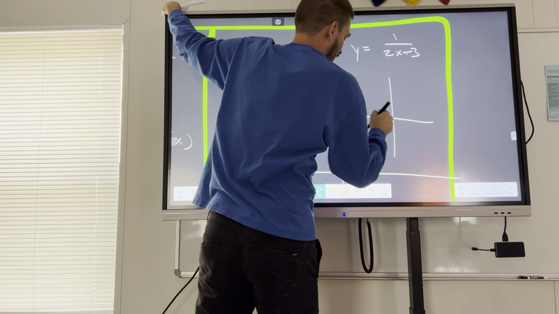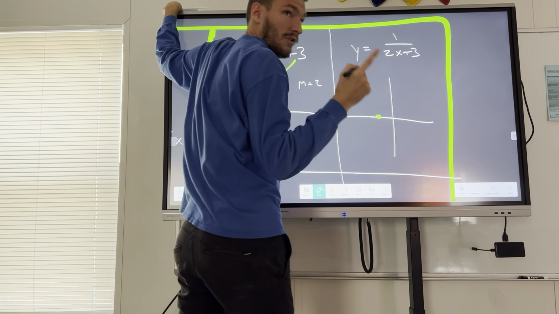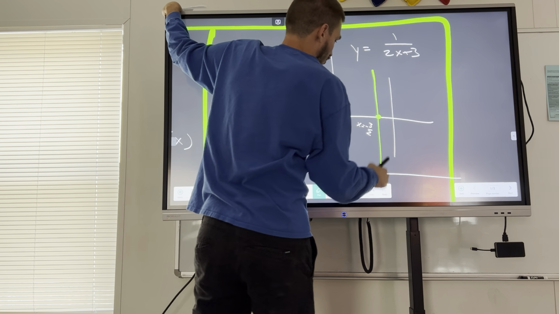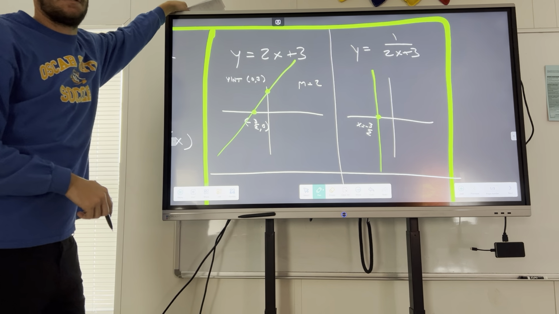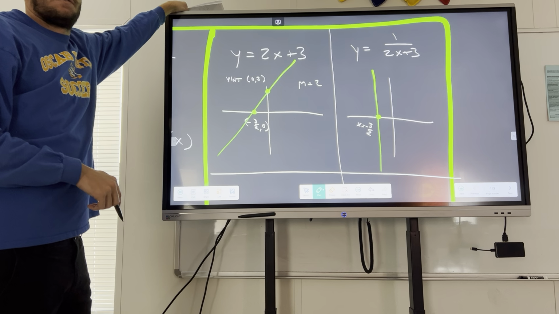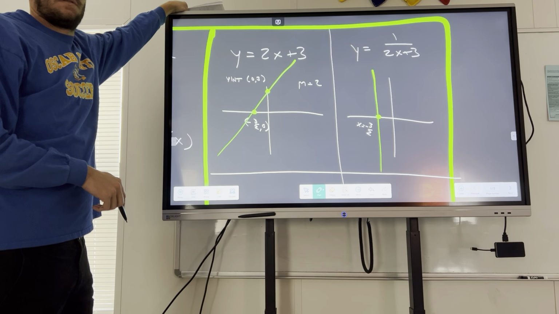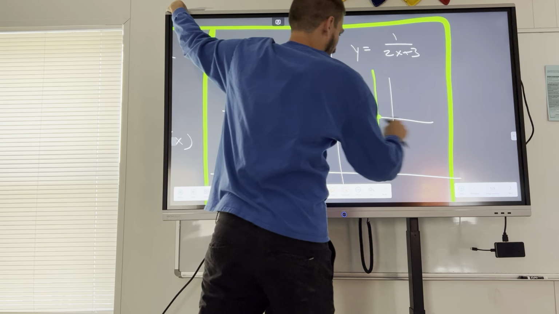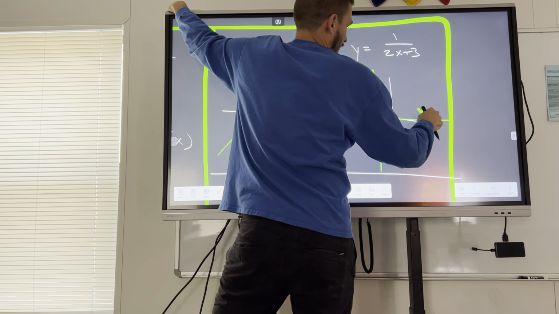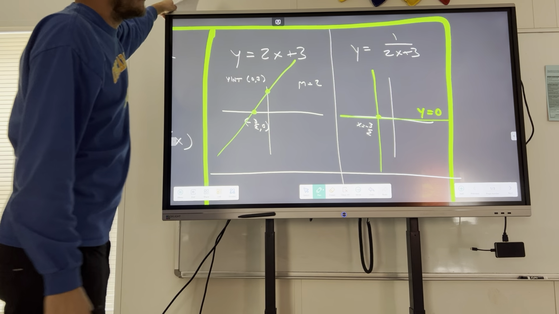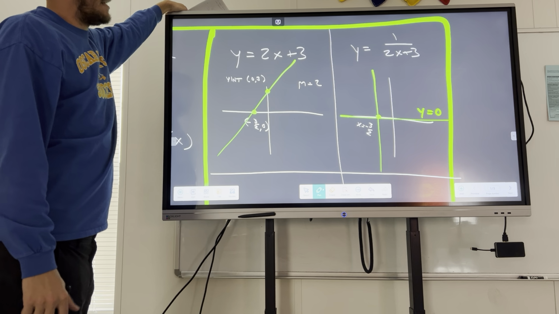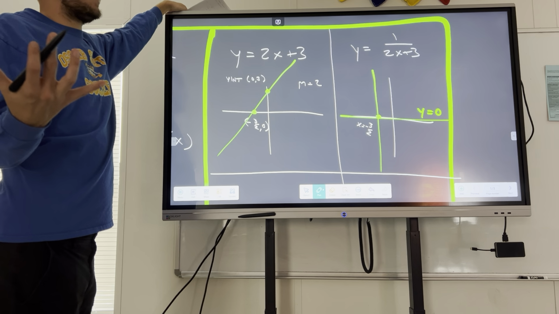Nice catch. And this is a vertical asymptote, right? So it's x equals -3/2. What else do we know about this? Nice, the horizontal asymptote is 0.